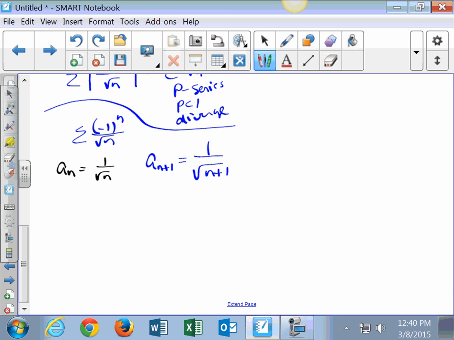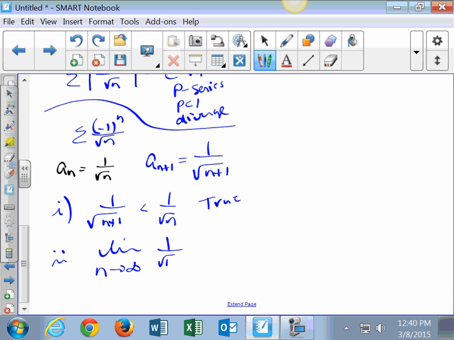So my next term is 1 over the square root of n plus 1. And I've got to look at the first test. Is the next term less than 1 over square root of n? And the answer is yes. So in the second part, is the limit as n goes to infinity of 1 over square root of n equal to 0? And the answer is yes.